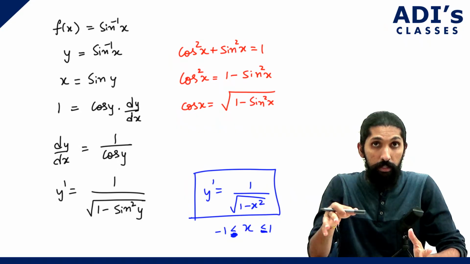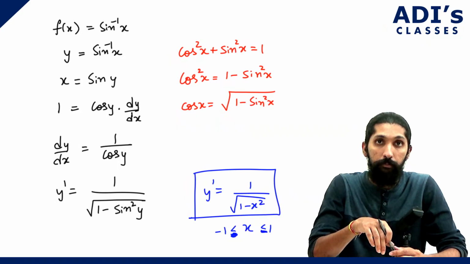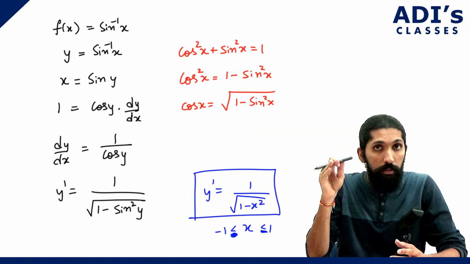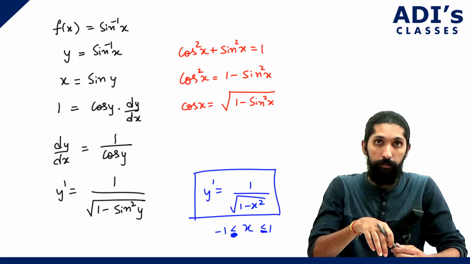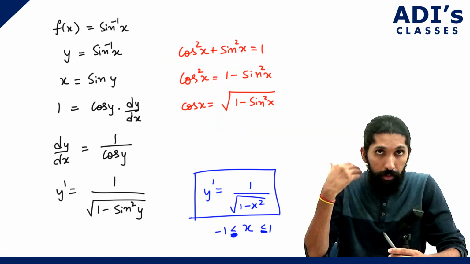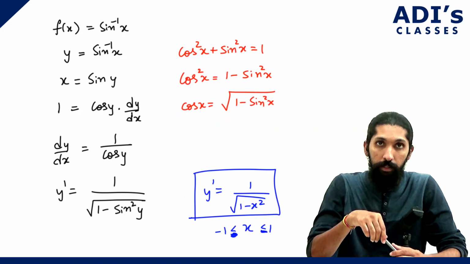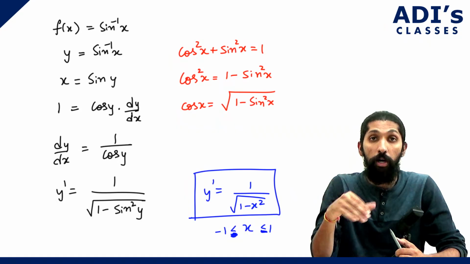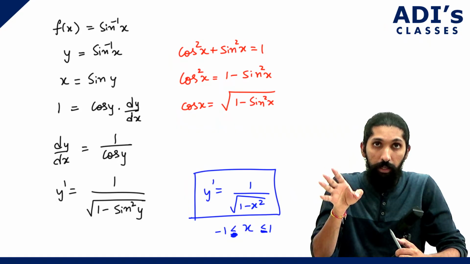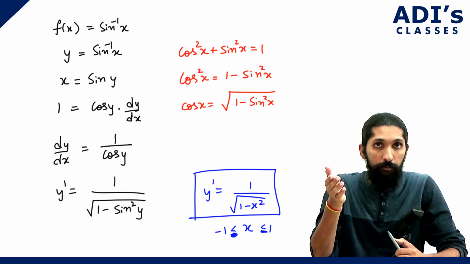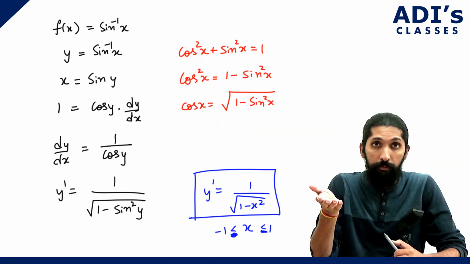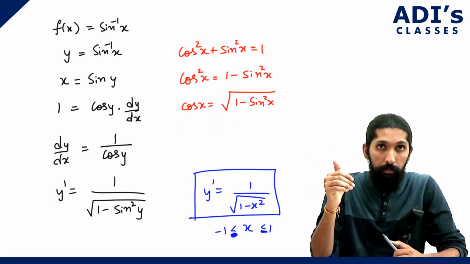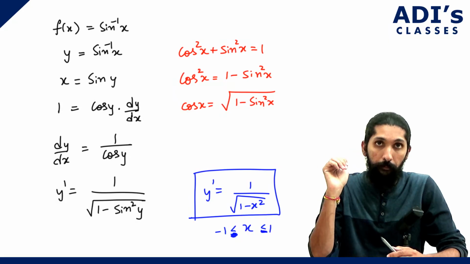Now, what you're seeing in this particular table is for all the 6 inverse trigonometric functions. I want you to look into this table very carefully. The reason is that for every inverse trigonometric function, you have the derivative, correct? And how do we get the derivative? That is very similar to the one we just did right now.